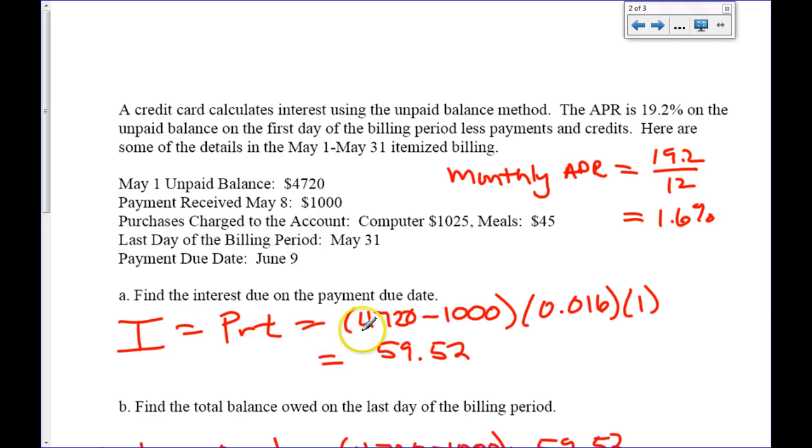Okay, so here my principal is going to be $4,720 minus the deposit that I made, which was $1,000, times 0.016 times 1, and that is the amount of interest.